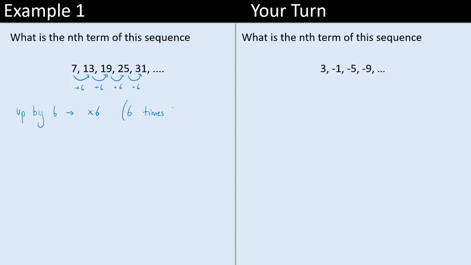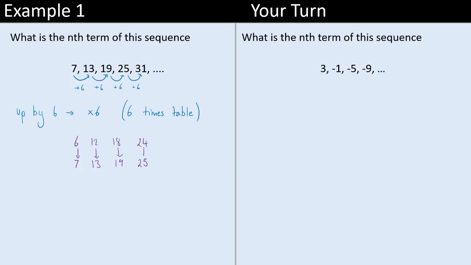So the first part of our sequence is that we need to have some kind of multiple of 6. So the first thing, we need to times by 6. Now, if I think of my 6 times table, that goes 6, 12, 18, 24. The sequence that I want goes 7, 13, 19, 25.